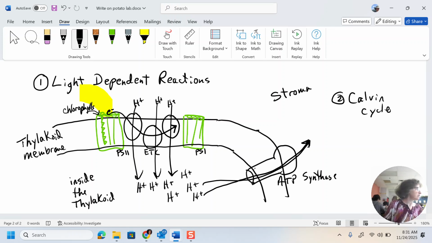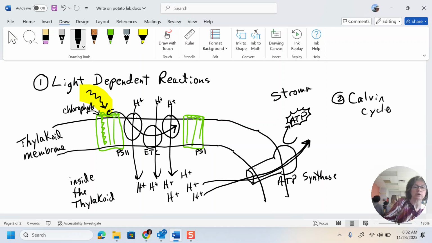It doesn't like to have more hydrogens in here than there are out there. The only opening is the ATP synthase. And we are therefore making ATP molecules. So that solar energy is being converted into the potential energy of ATP. There's your first useful thing that the plant is doing. Okay, that's an important conversion.